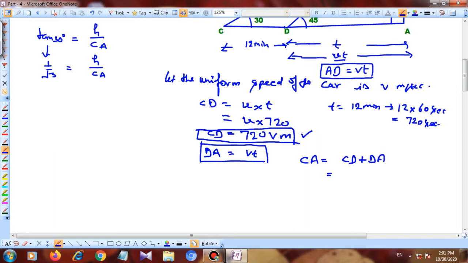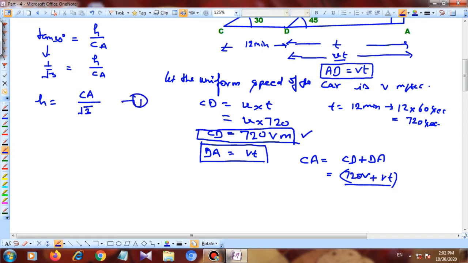So CD is 720V and this is VT, right? So now value of H equals CA by root 3. Now this is equation first.